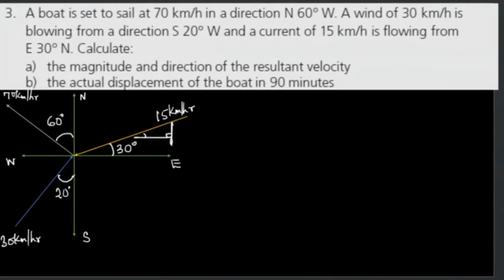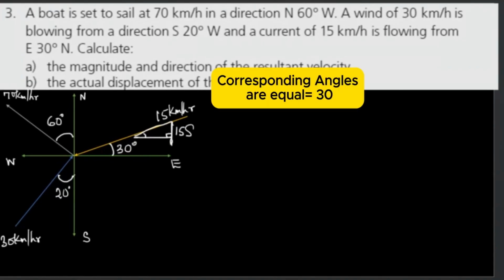So this is the vertical component here. With the vertical component, it's going to be sine, because I can see that it's opposite and hypotenuse. So it's going to be 15 sine 30 degrees for the vertical component. The horizontal component is going to be 15 cos 30.